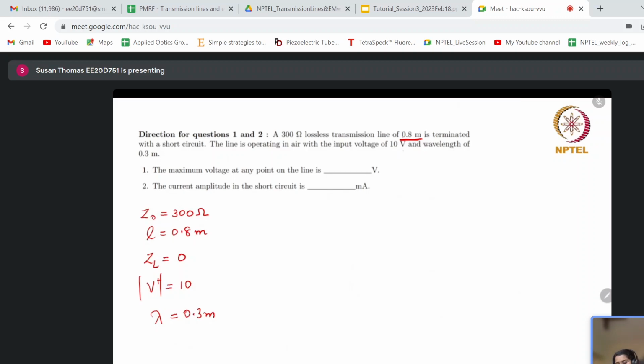Now the question is, we clearly know that the load is short circuited, so the reflection coefficient will be minus 1. Now we also know the maximum voltage at any point on the line.